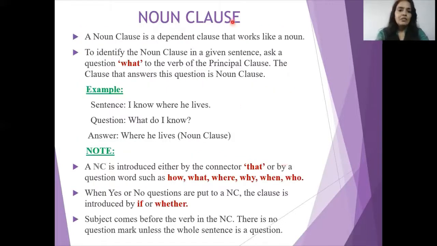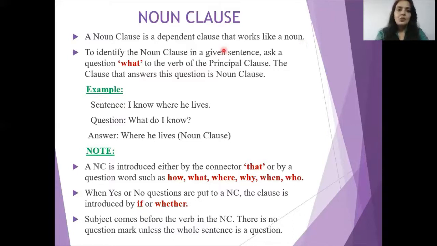If we are talking about the noun clause, by the name only, it means it works like a noun. A noun clause is a dependent clause that works like a noun. And the main thing is how we will identify it. This is very necessary.